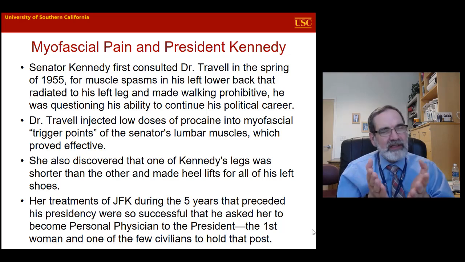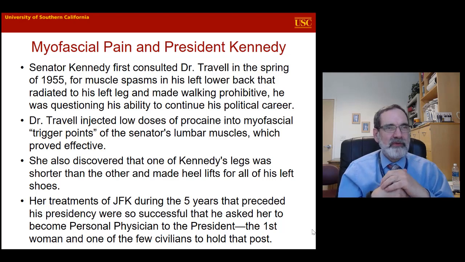She identified an underlying mechanical problem that could be one of the triggers. Her treatments of Kennedy during the 5 years that preceded his presidency were so successful that he asked her to become personal physician to the president, the first woman and one of the few civilians to ever hold that post.